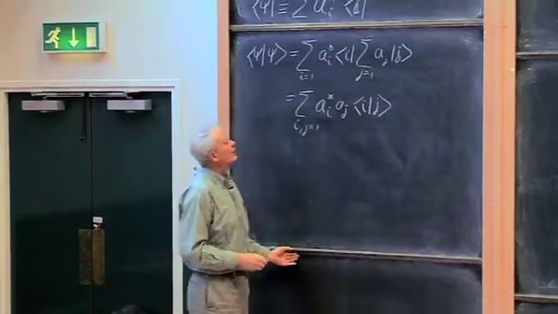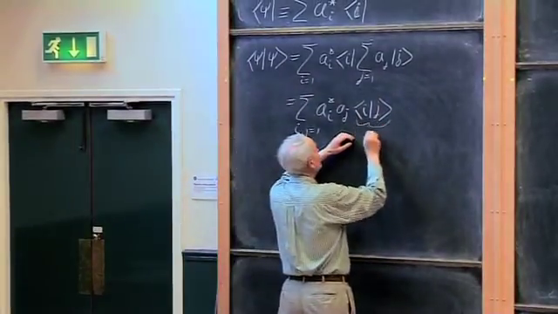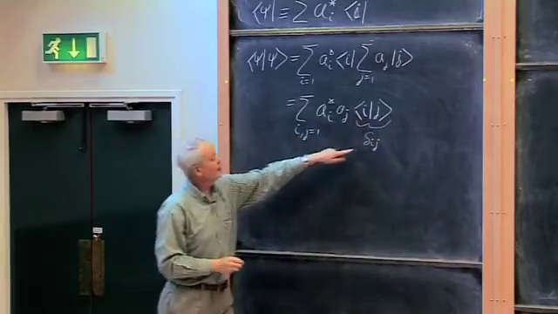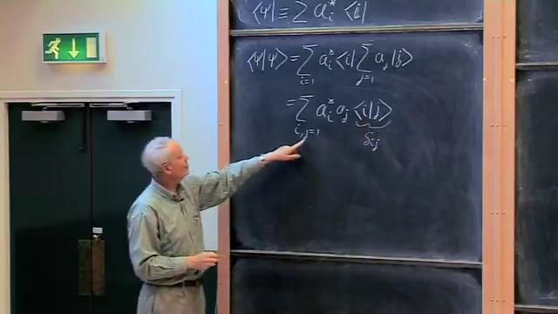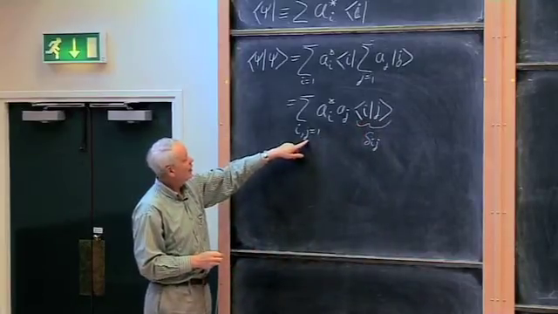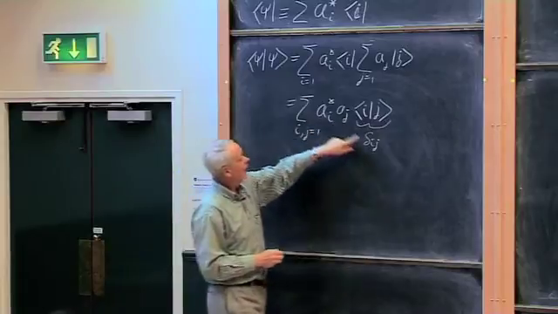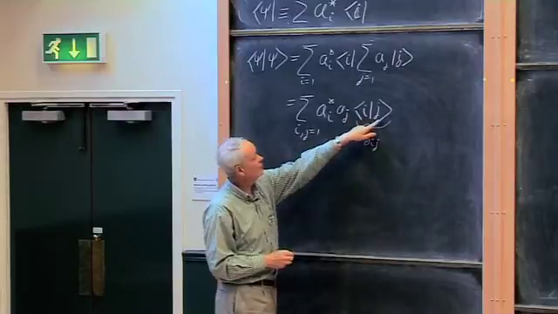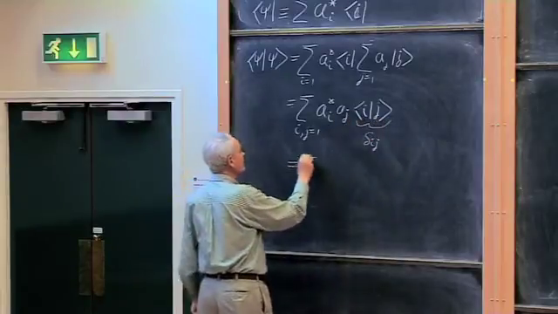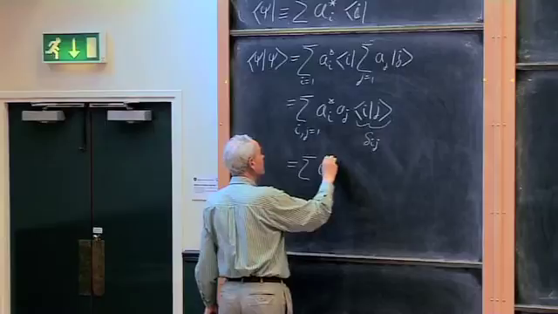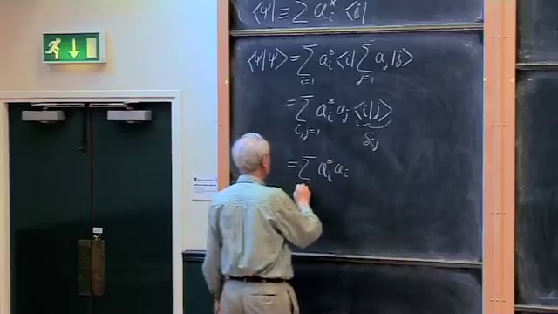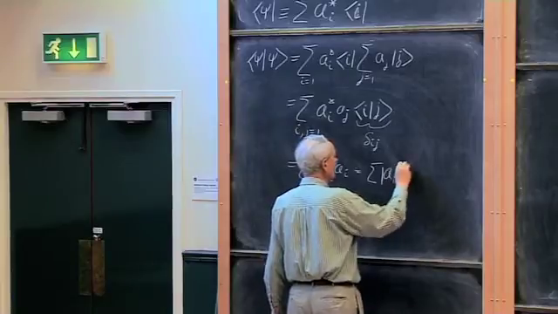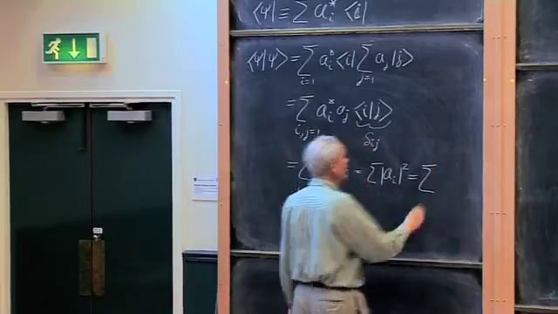And now I use the fact that by definition this is delta_ij, so it is nothing unless i equals j. So now let's do the sum over j, for example. As I do the sum over j, I will get nothing except for that particular j which is equal to i, and then this will become 1. So this becomes the sum of a_i star a_i. In other words, it becomes the sum of |a_i| squared.